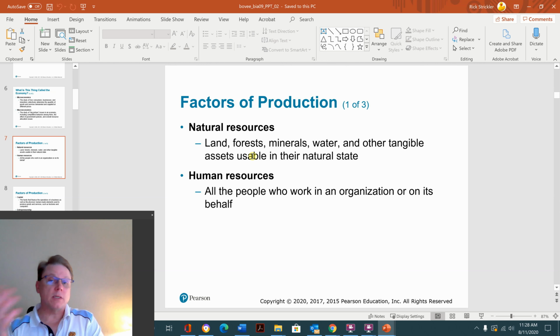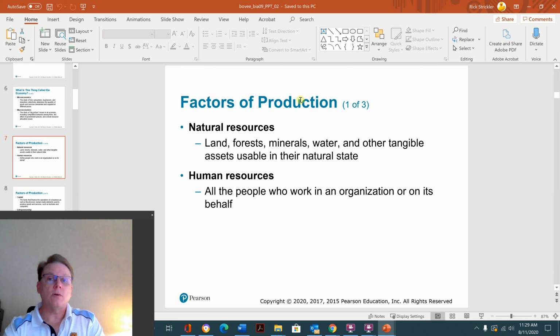If your business has to do with collecting or buying lumber to run your business, or any type of wood product, then you should know that your costs for that wood product are going to go up by about 50%, because that's what the commodity prices are. You need to know that because you need to know how to price your product to make up for that additional cost. Human resources: all the people that work for the organization on its behalf.